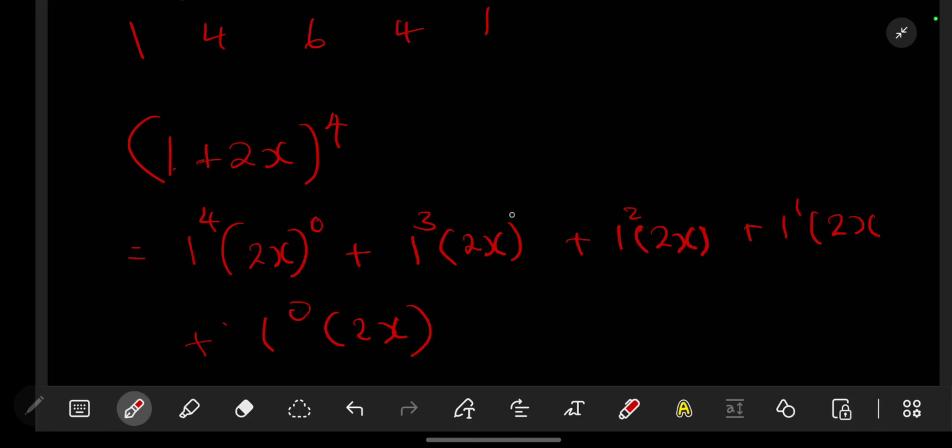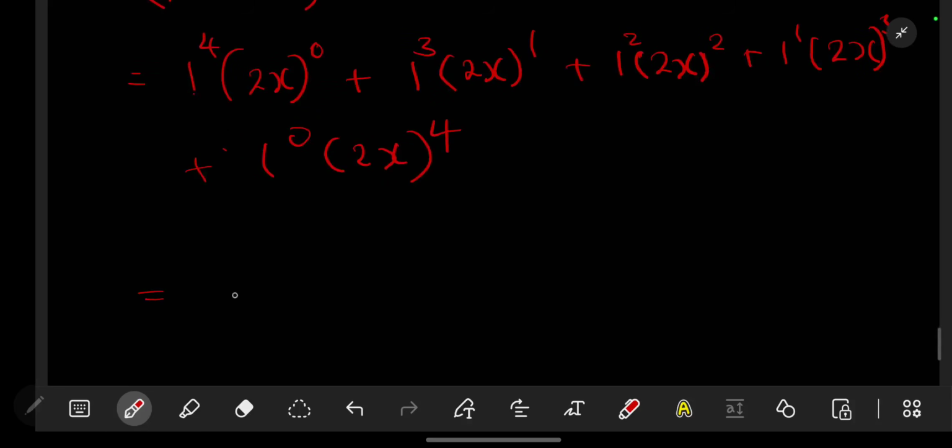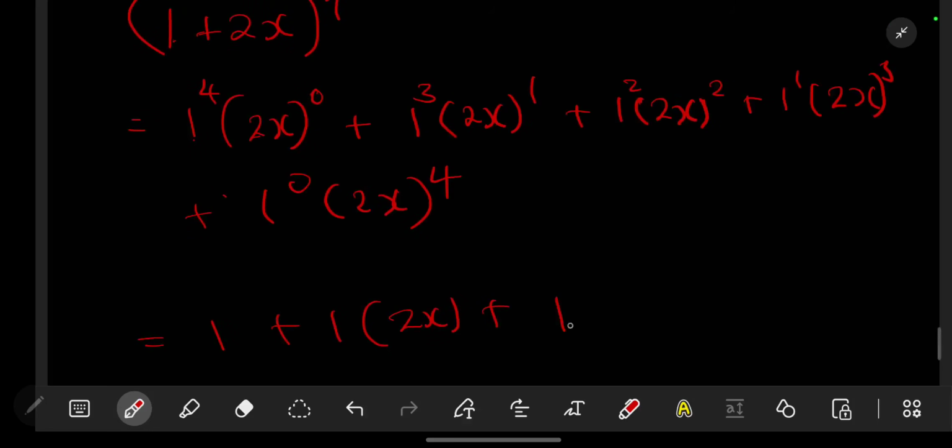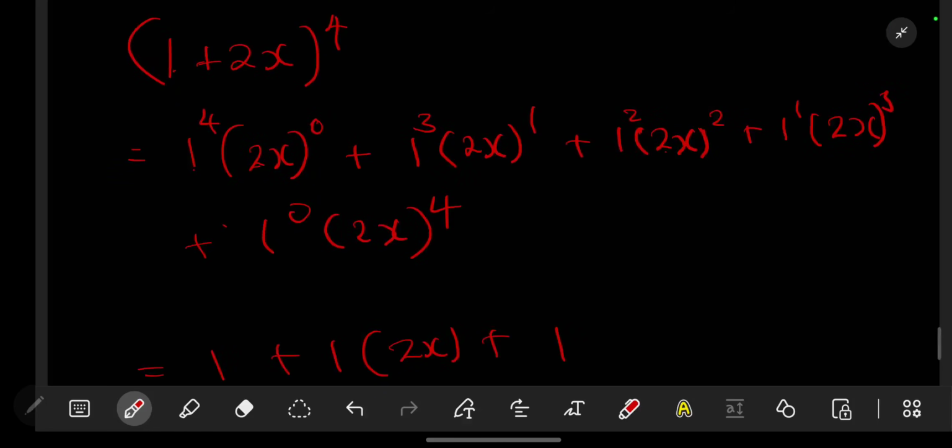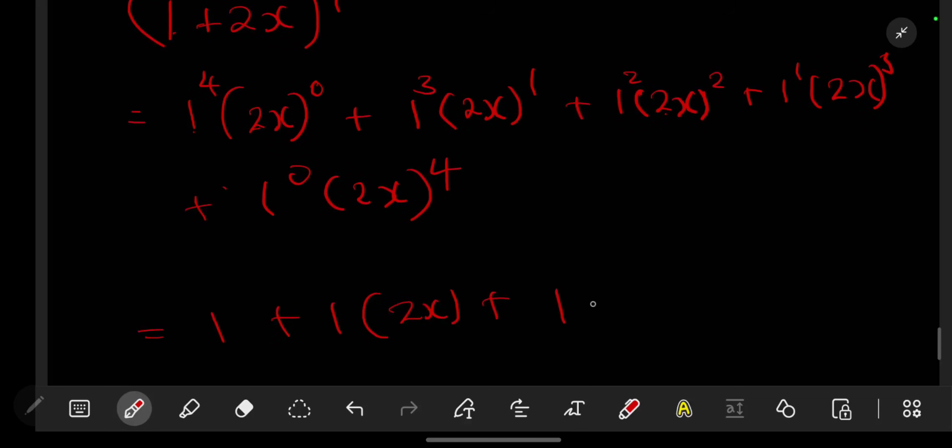From here, move from 0, 1, 2, 3, 4, which will be 1 to the power 4 is 1, 2x to the power 0 is 1, then plus 1, 2x, plus 1, 2 to the power 2 is 4, x squared like that, plus 1.